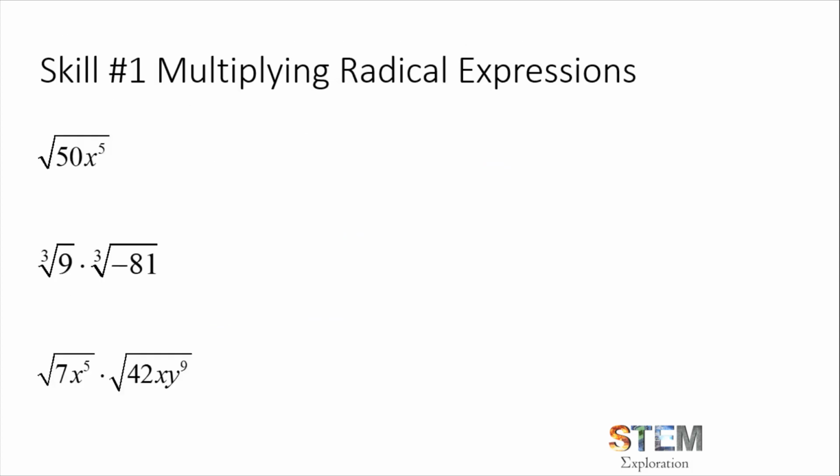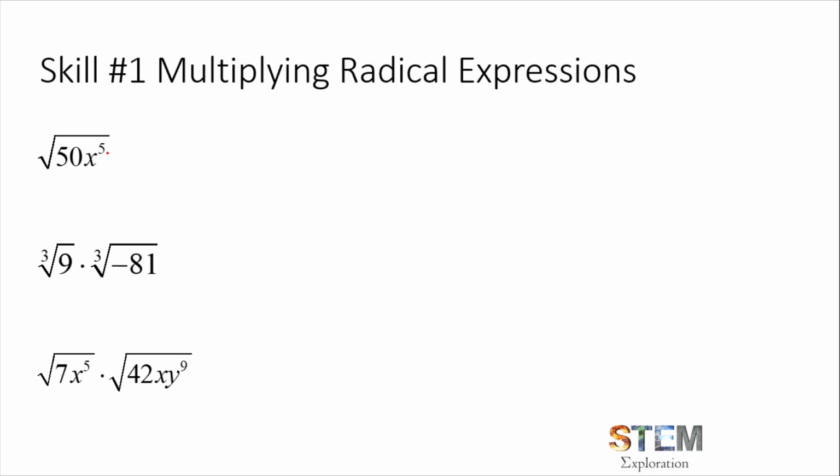So to get started, I just want to break down some radical expressions, how we multiply them or simplify them out. One of the things that we need to do in algebra is sometimes take a more complicated, unsimplified expression such as the square root of 50x to the fifth and simplify it completely.